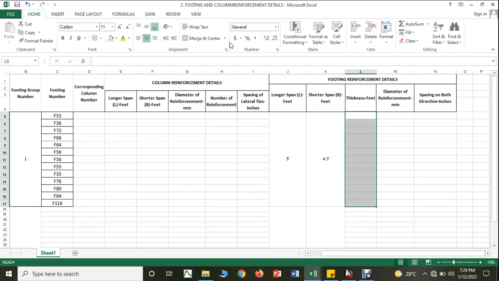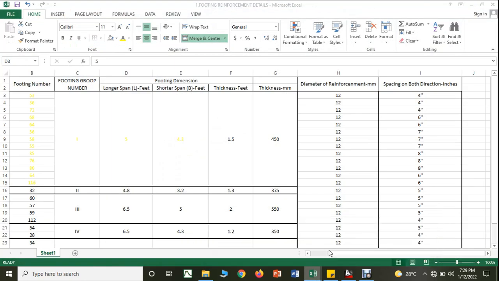So the thickness is 1.5 feet. Okay, thickness is 1.5 feet, right? Then what about the reinforcement diameter? You can see for this entire thing it is 12 mm reinforcement.